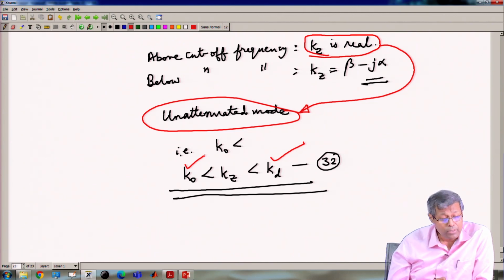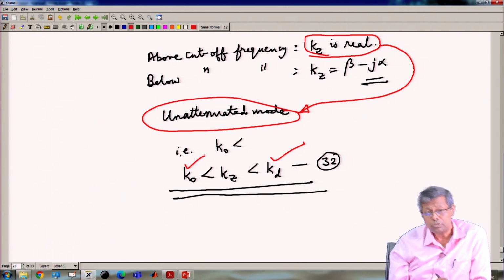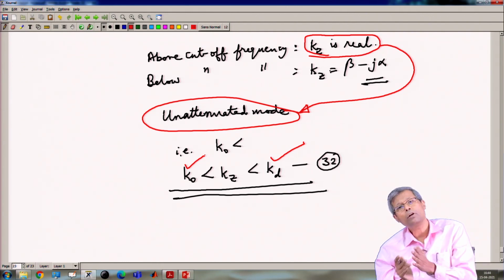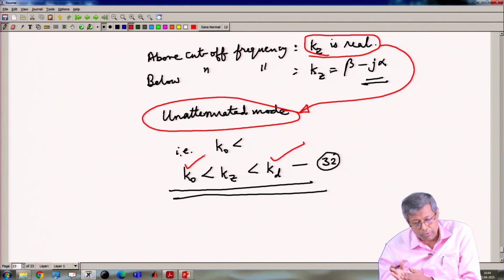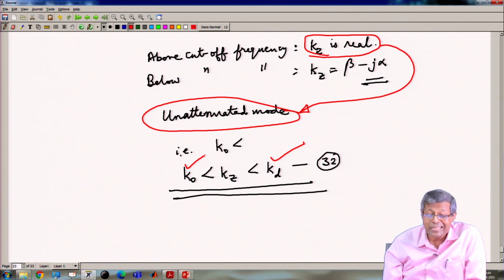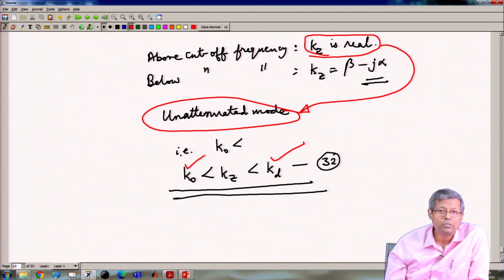So, the lowest frequency for which the unattenuated propagation exists is called the cutoff frequency. This we have borrowed from the concept of cutoff frequencies in the waveguide. So, the lowest frequency for which kz is real, we call it the cutoff frequency.